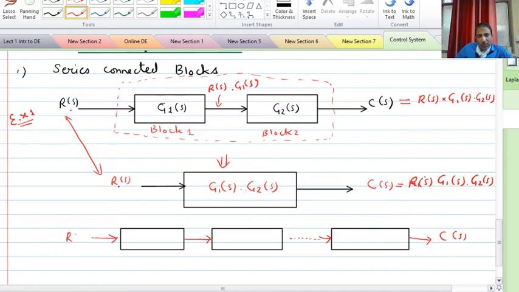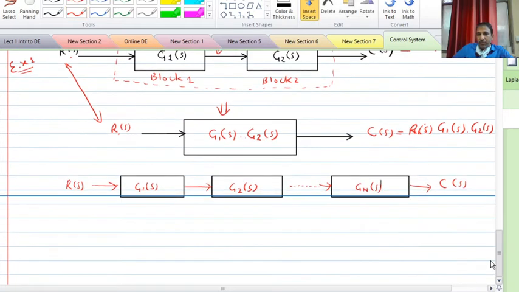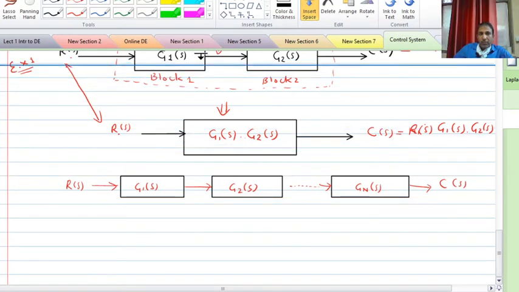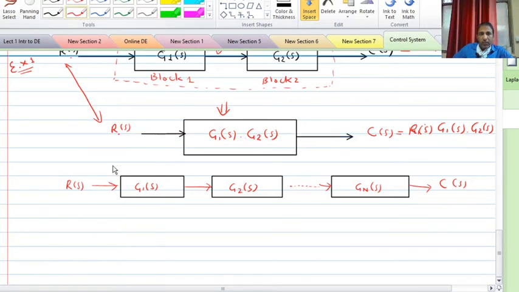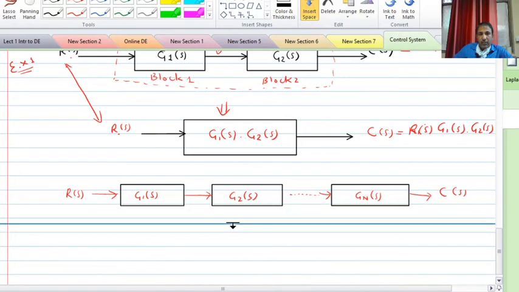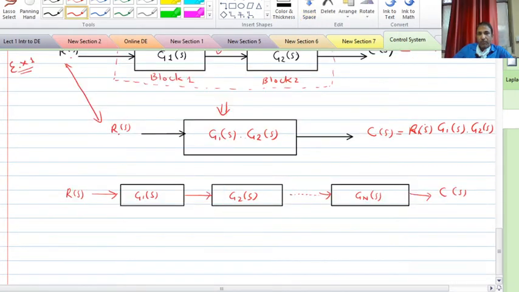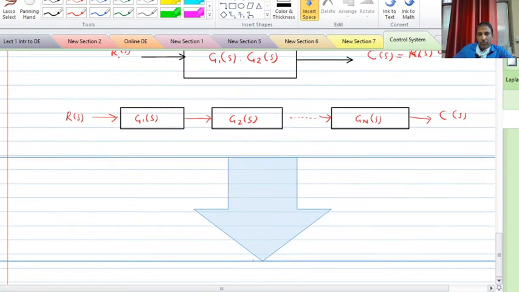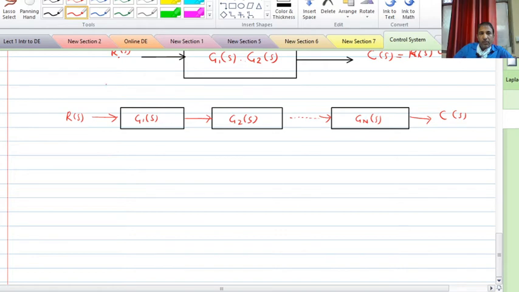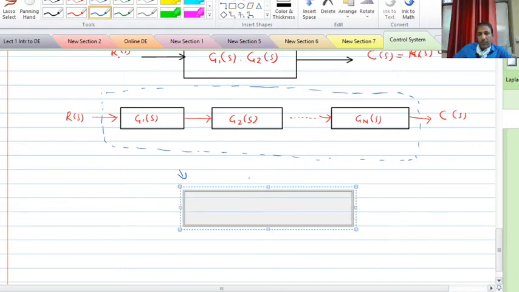In this way we can also solve this with blocks G1(s), G2(s), up to Gn(s). So the net transfer function of this combination is what we have to find out, and we enclose this whole body as one block.